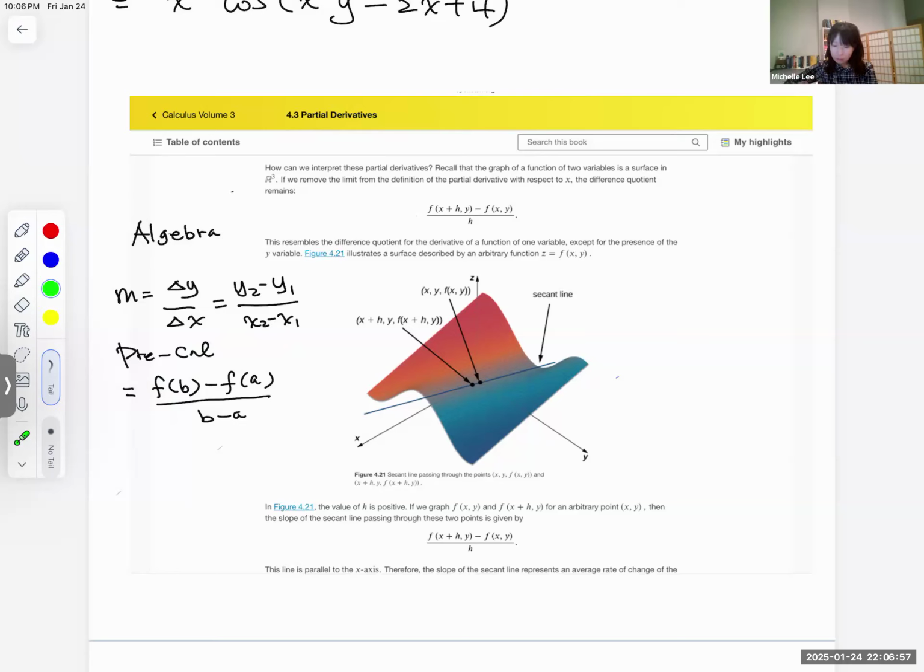So then now in calculus 3, we are using this notation, right? So f of x plus h, y minus f of x, y over h. Okay, now the partial derivative we talked about and practiced earlier, right?